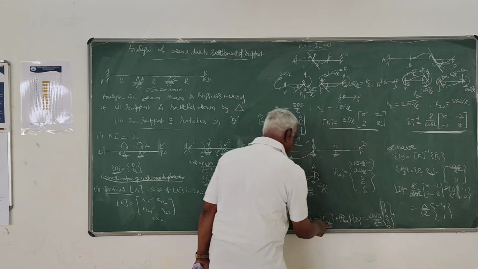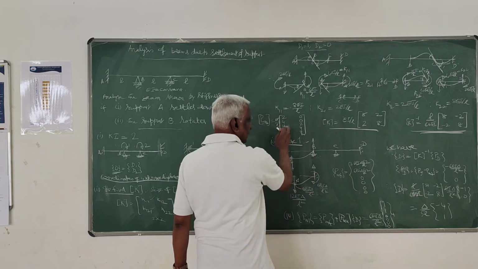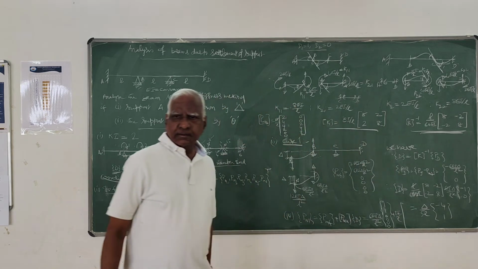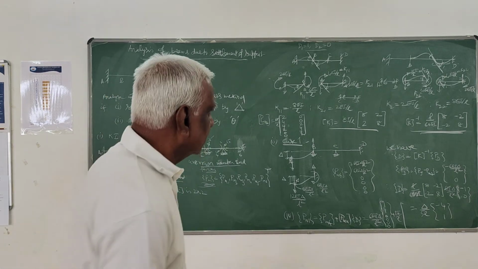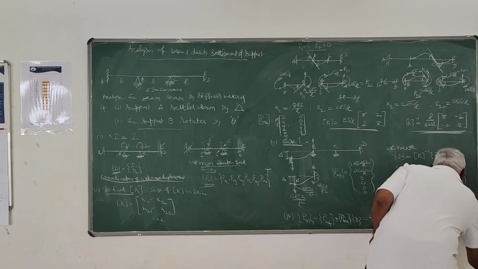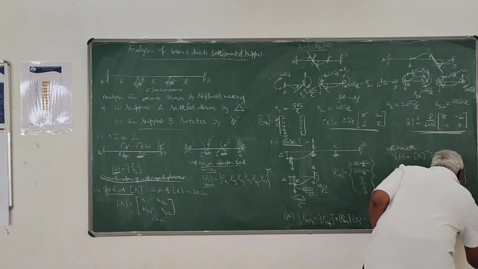Plus PMU you got here just now, EI by L into that. So Δ/L, 5L, minus 1.